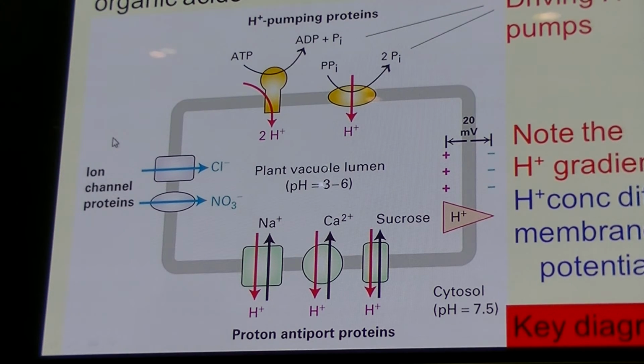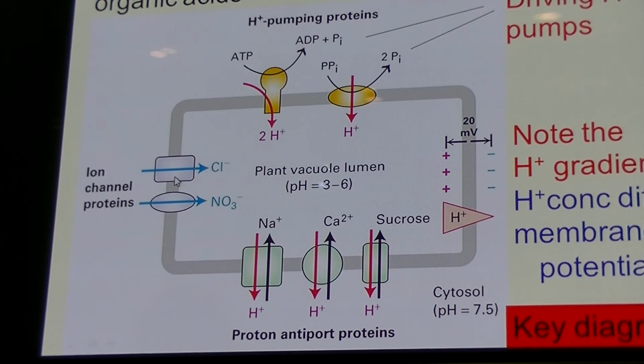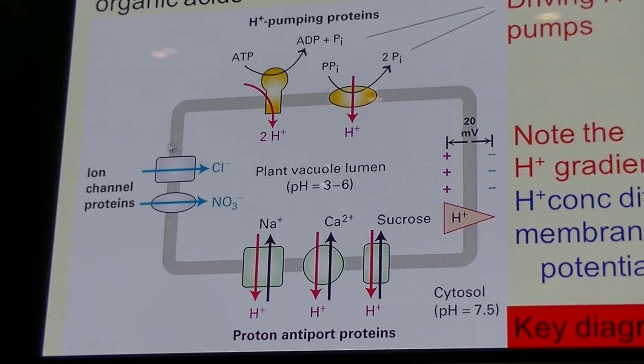So we have low in the cytoplasm and relatively high in the lumen. Would the movement of chlorine be favored by the membrane potential? Yes, because of what you see, and it also has to be the case because it's not favored by its own concentration. And it's the same story here for this nitrate.